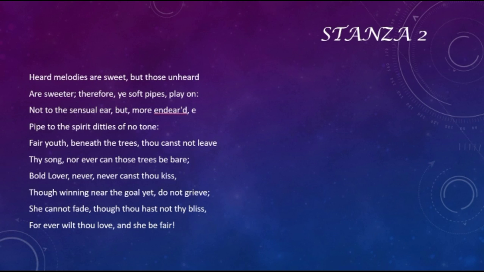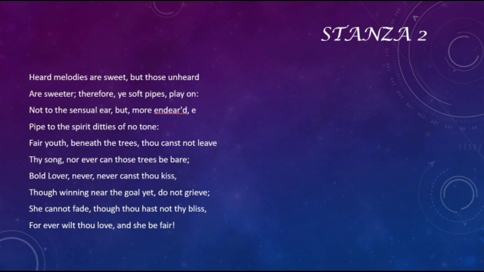The next picture on that urn is a handsome young man. The key concept of this whole poem is that the poet wants to say through this ode that art is permanent, whereas human life is transient.